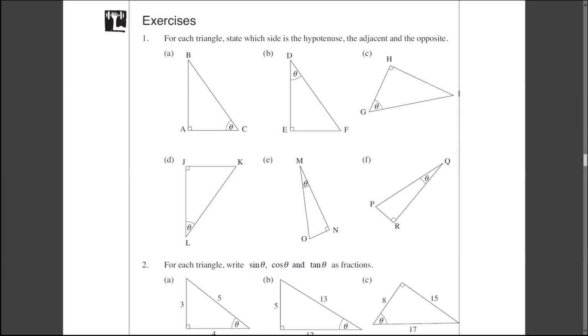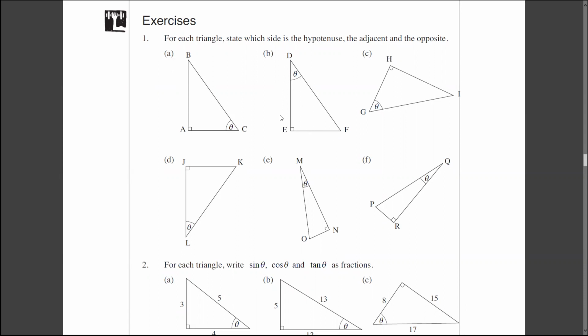For each triangle, state which side is the hypotenuse, the adjacent and the opposite. Again, you have the marked angle here. The side that is opposite the angle is the opposite. The longest side is the hypotenuse. The side that runs along the marked angle is the adjacent. Similarly here, this is the opposite, it is opposite to the angle.